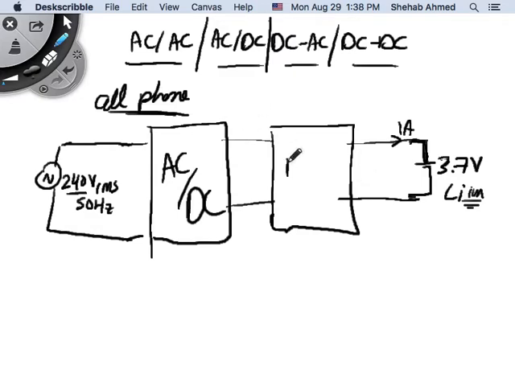And then you may insert a DC to DC converter, at lower voltage, able to control the current into the battery, etc. So there are advantages of this.